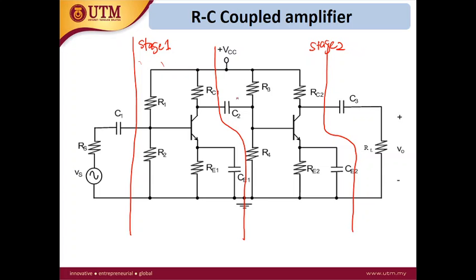So this is very simple. Stage 1 is a BJT common emitter. Stage 2 is also a BJT common emitter.